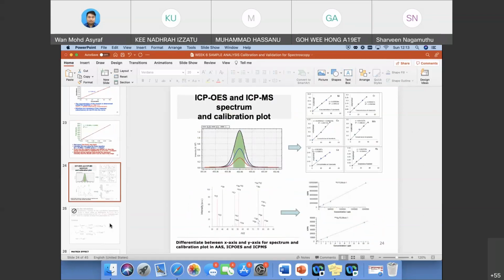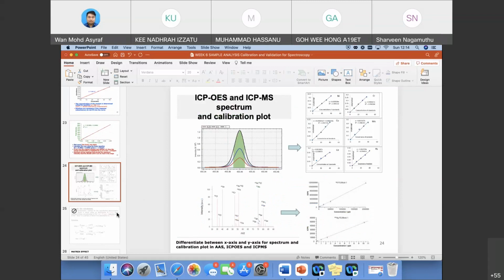Alright. So this is for the ICP OES and ICP MS spectrum. So basically, before this, kalau kita tengok AAS, the analysis is one by one, kan? Analysis is element by element. But for ICP OES or ICP MS, it's usually multi-element punya analysis.